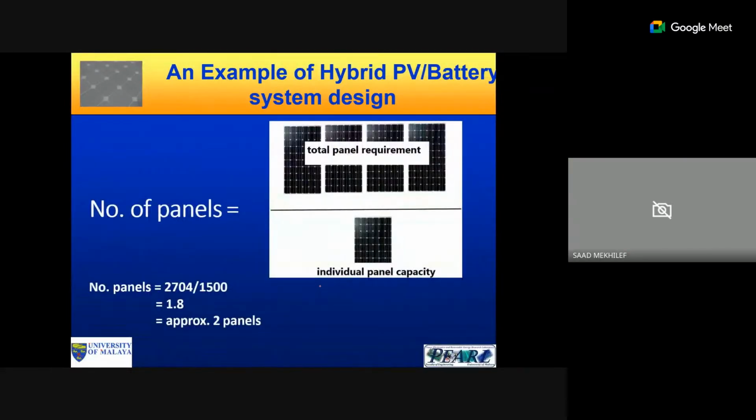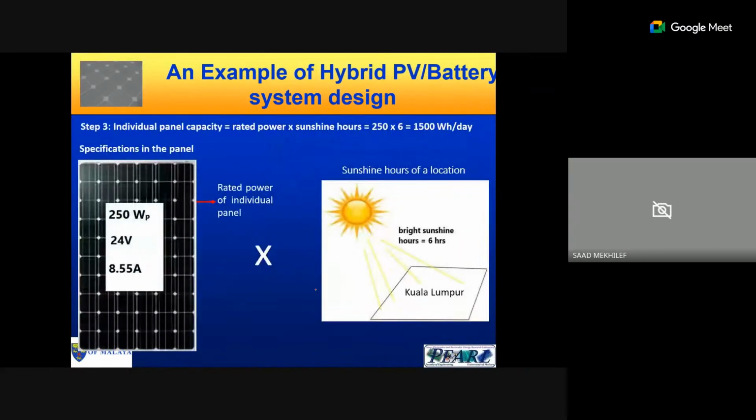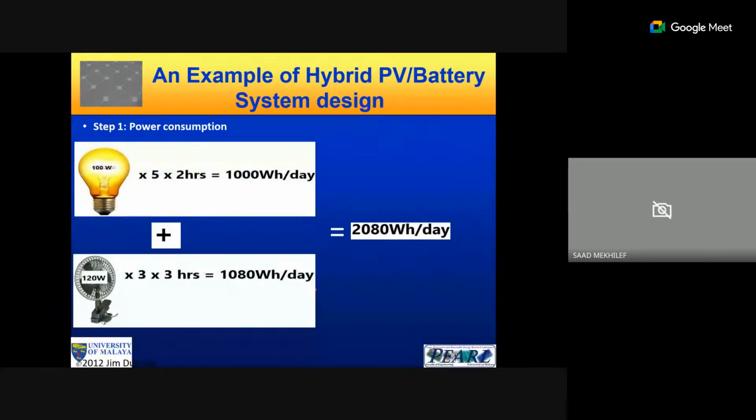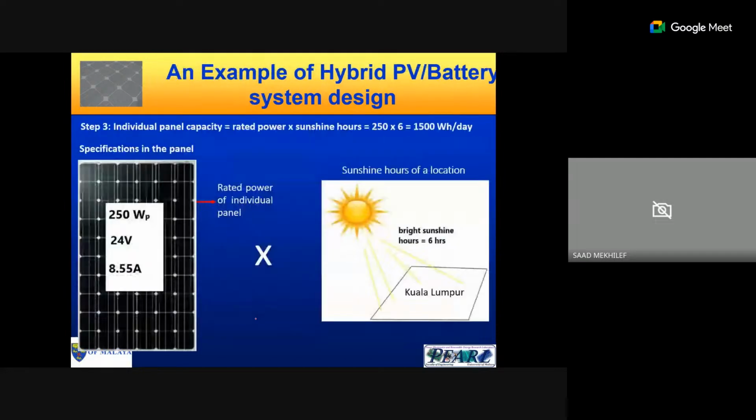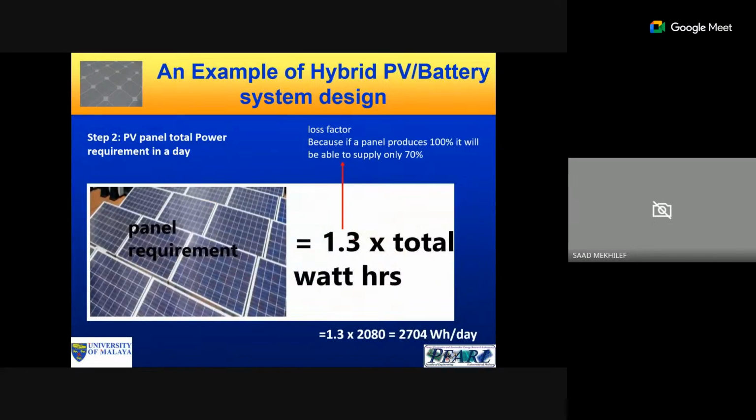Okay, so to recap, we have these types of load: 5 light bulbs of 100 watts for 2 hours a day, and this fan, for example, and then we calculate the panel. So we add another 30% of losses to account for additional load.